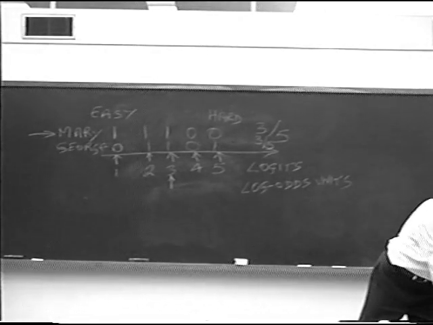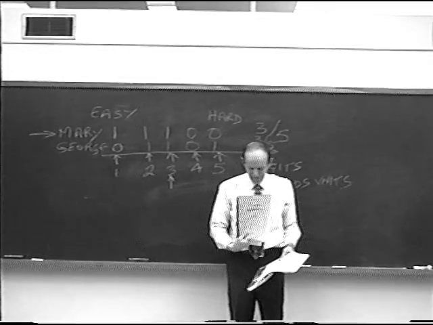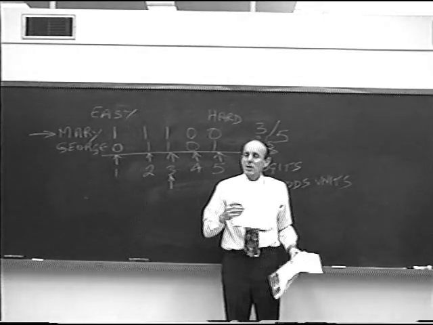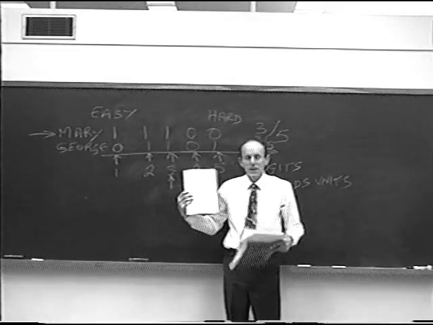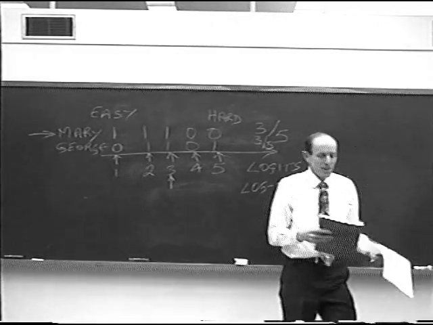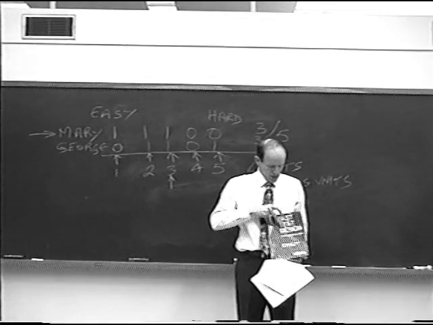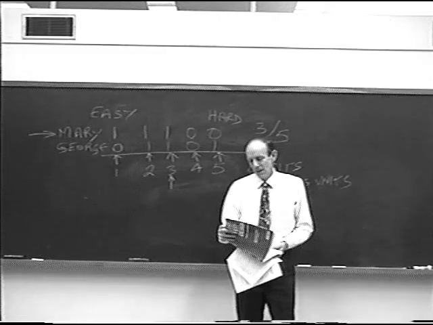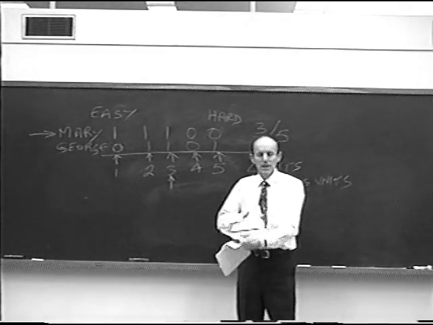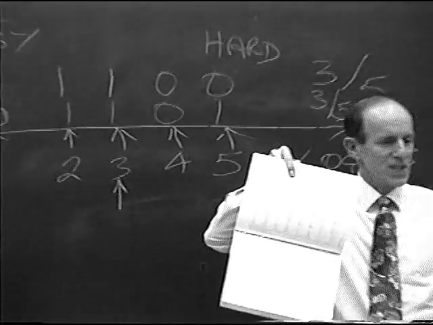Now, some handy cheat sheets. In the back of many computer manuals, for instance, this is the one for the Winsteps computer program, there is a table that relates log odds units to the probability of success. Around about page 36 or so in the book Best Test Design, there is a table that also relates log odds units to the probability of success.